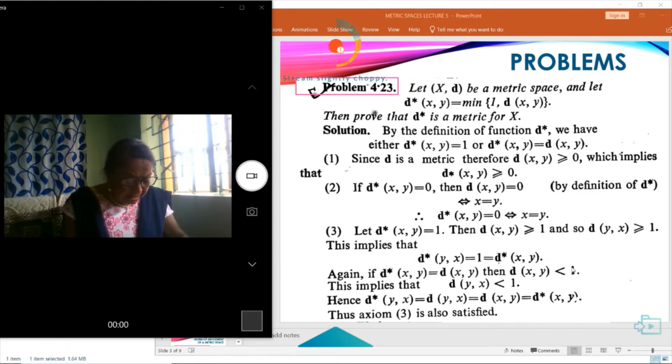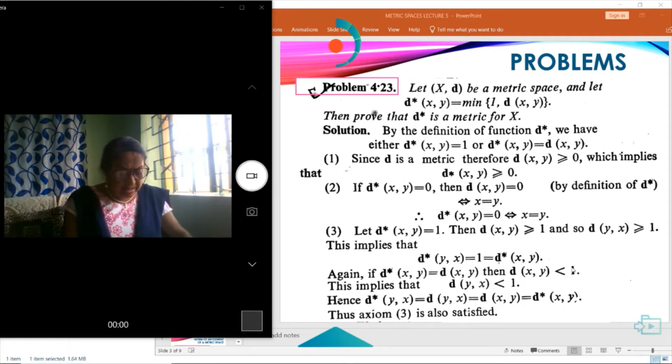Again, if d*(x, y) is equal to d(x, y), then d(x, y) is also less than or equal to 1. Thus, it implies that d(y, x) is less than 1. Hence, d*(y, x) is equal to d(y, x), which implies that d(x, y) is equal to d*(x, y).